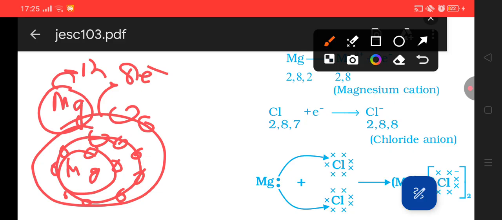Now when magnesium gains 6 electrons, there is the same problem. 12 protons cannot hold, dear students, 18 electrons. It's not possible for 12 protons to hold 18 electrons. So gaining the electrons is a very poor idea.